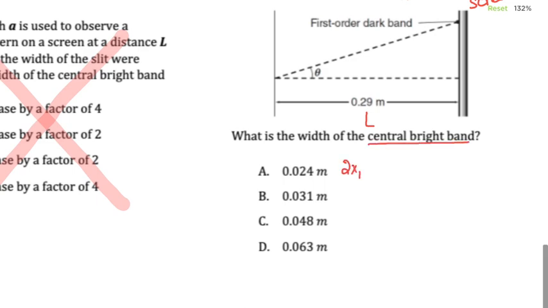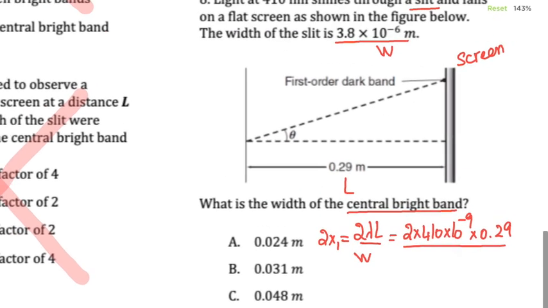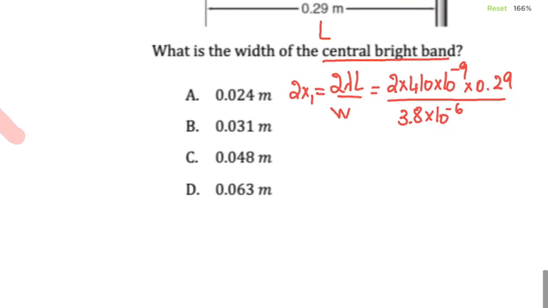Also 2x1 is equal to 2 lambda L over W, which is 2 times 410 in nanometers. L this time does not need to be converted, it's already in meters, and the width is also given in meters, 3.8 times 10 to the power of -6. It will give me 0.063 meters. Option D.